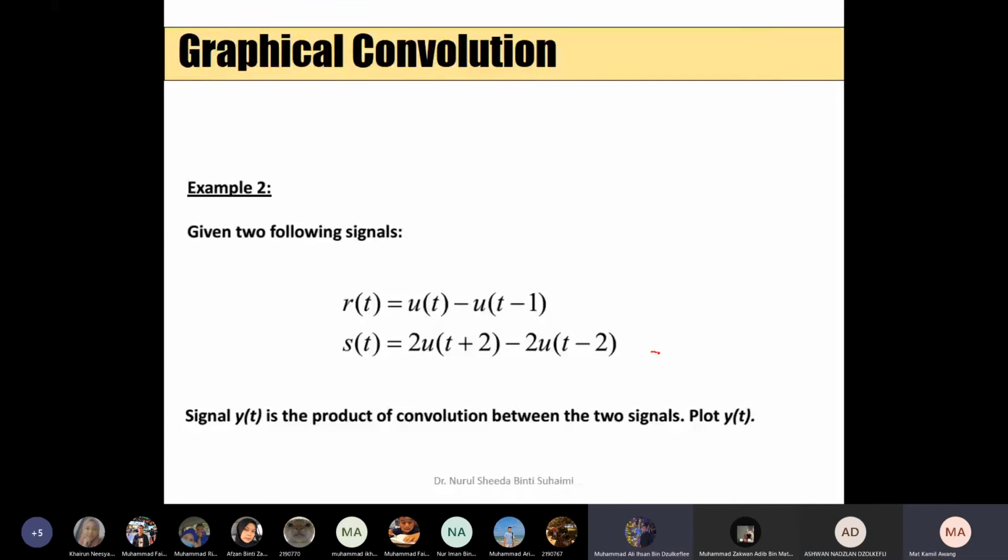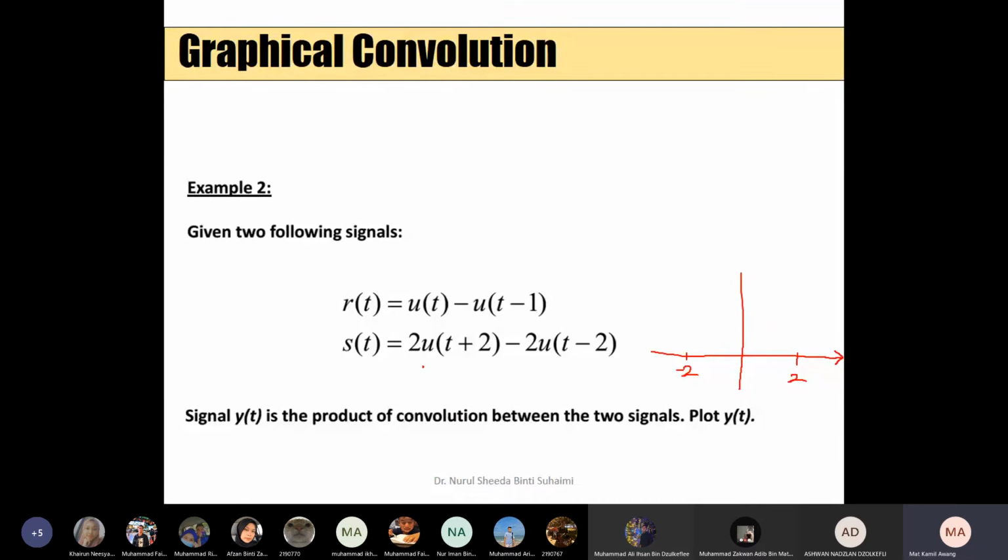This one is basically, let's say this t. You have 2u of t plus 2. So plus 2 is roughly here, minus 2 here, and here is 2.